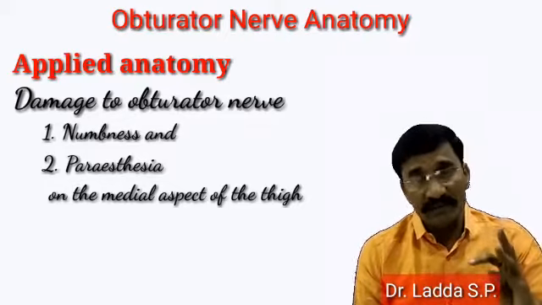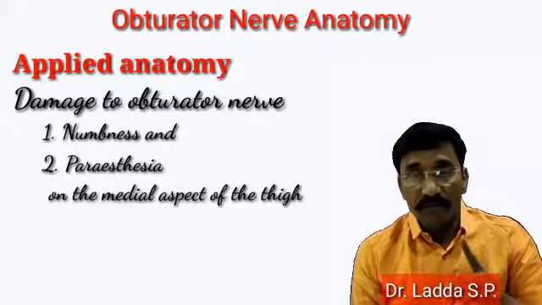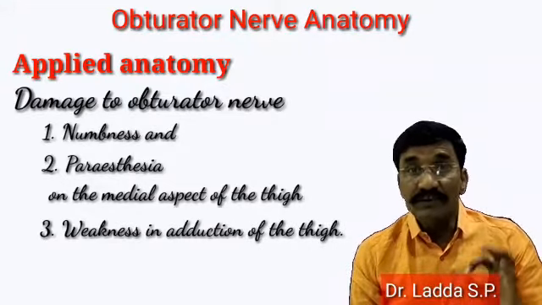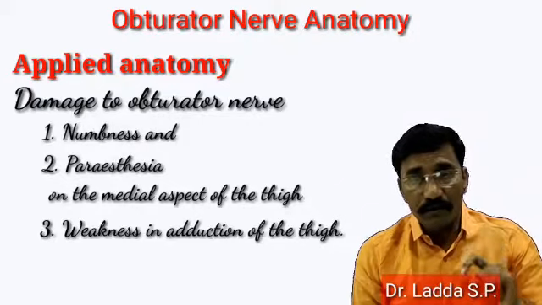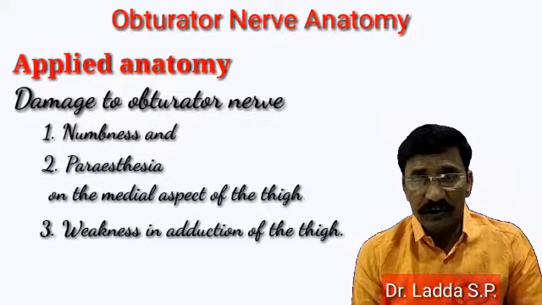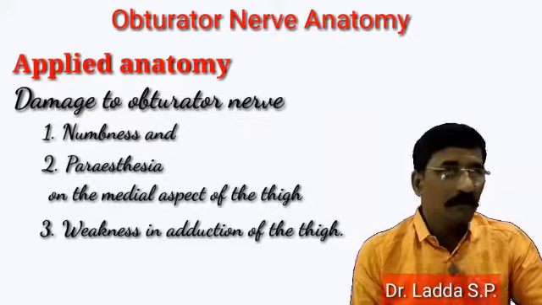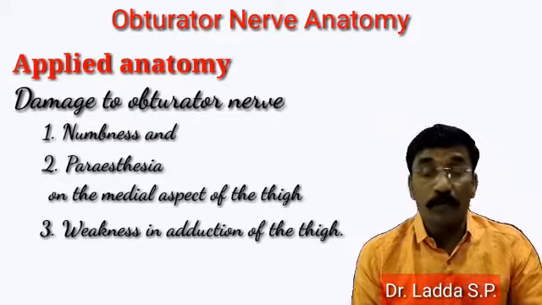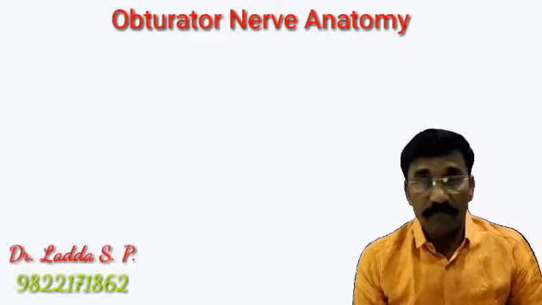So numbness and paresthesia are towards the medial aspect of the thigh with weakness in the adduction of thigh. Alternatively, the patient could present with posture and gait problems, because the muscles are not working properly, due to the loss of adduction power.